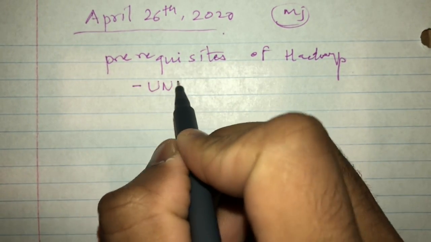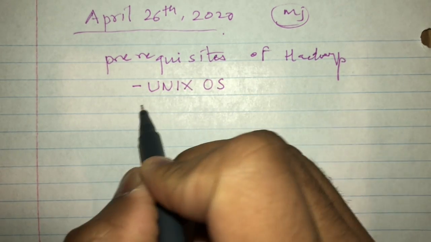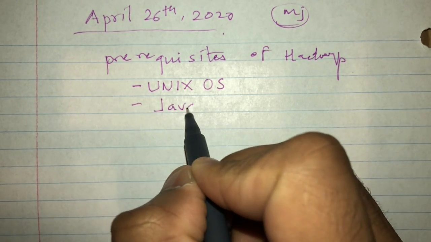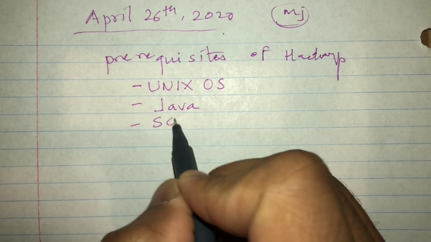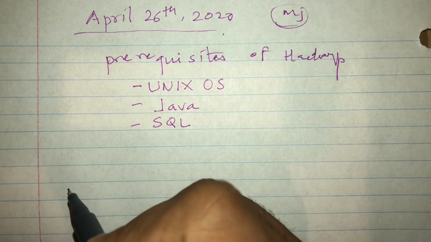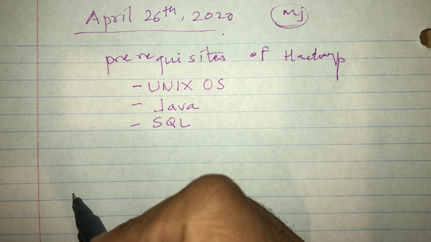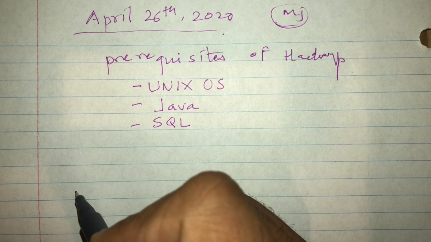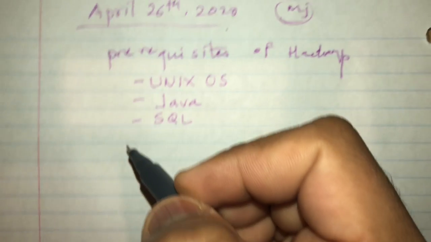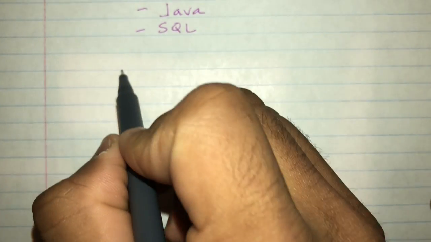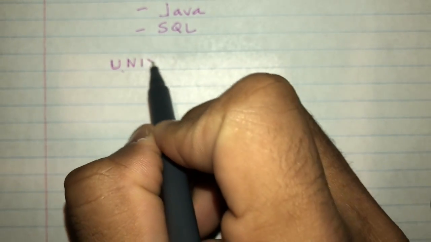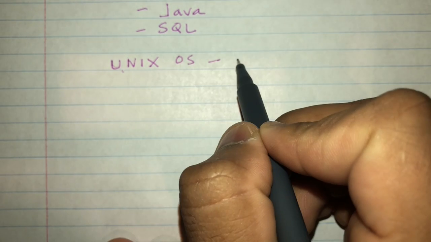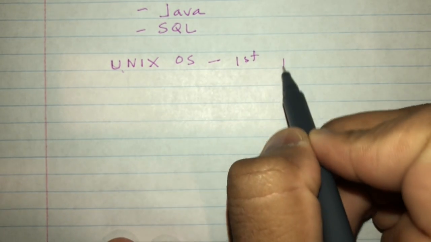The first one was UNIX OS, the second one was Java, and the third one is SQL. Java is not actually a prerequisite, but we will cover it anyway. In this video I am going to talk about UNIX OS, which is the first prerequisite of Hadoop.